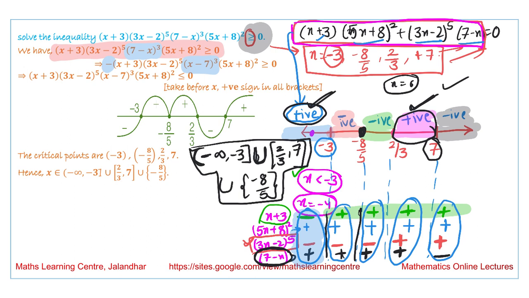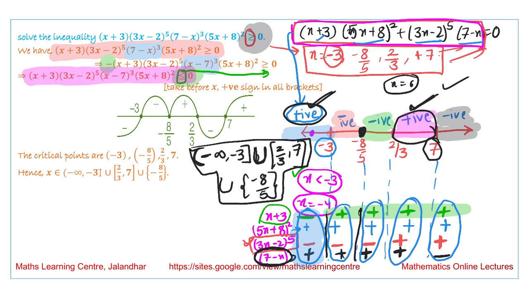And because of this minus sign, this inequality has reversed. Earlier it was greater than or equal to, now it is less than or equal to, and our problem has transformed into this form.